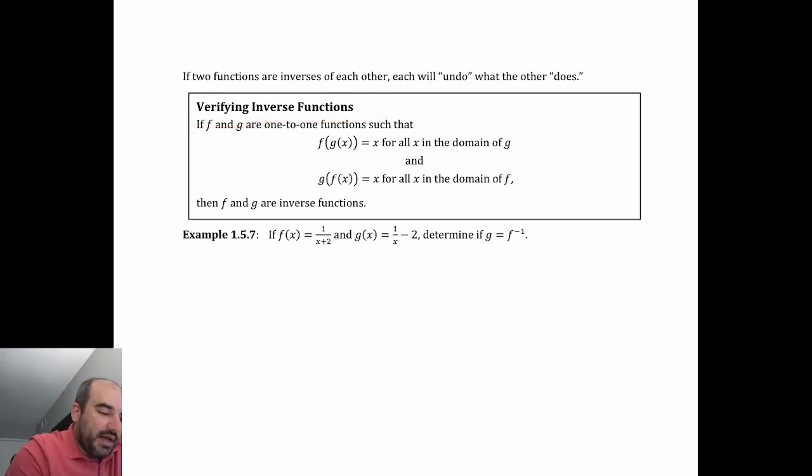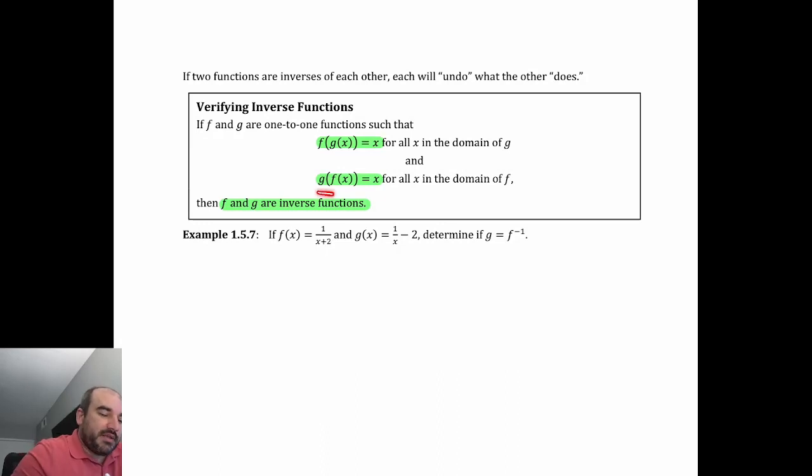So this is saying that f and g are inverse functions if you can show that these two conditions are satisfied. Now these two conditions are saying that if I take one function and I plug it into the other one, so if I do f of g of x, it should all simplify down to just x.